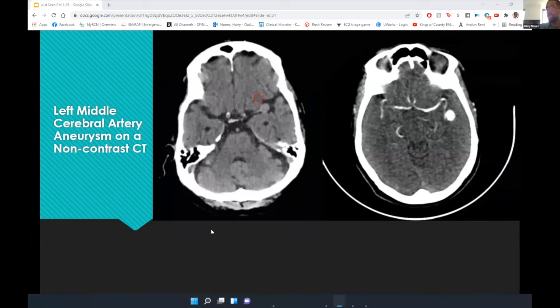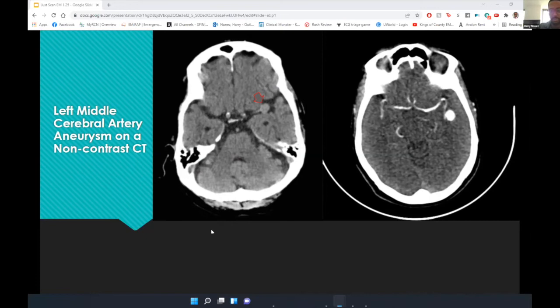So the answer is left middle cerebral artery aneurysm. I highlighted it with the red arrow, and I put a CTA on the side to also show you where it is. Aneurysms usually occur at arterial bifurcations and arise near the anterior circulation of the circle of Willis.